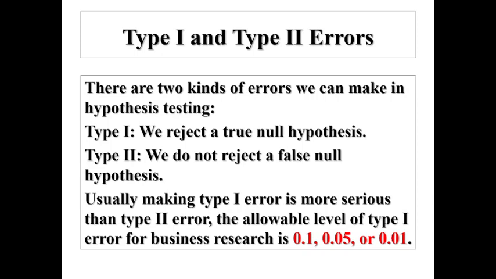Let me write it down here. I'm just using A. A is innocent. Then my alternative hypothesis is A is not innocent. What is the type 1 error? According to the definition, we reject the true null hypothesis. What do we mean by that? So what's the type 1 error?